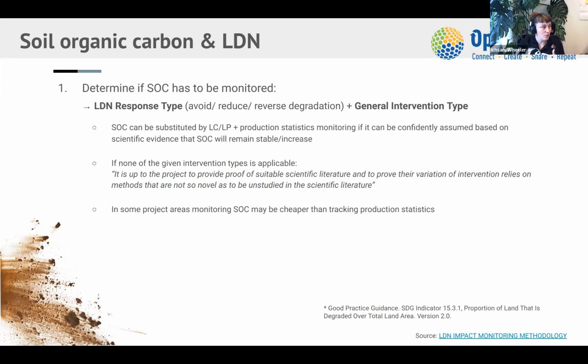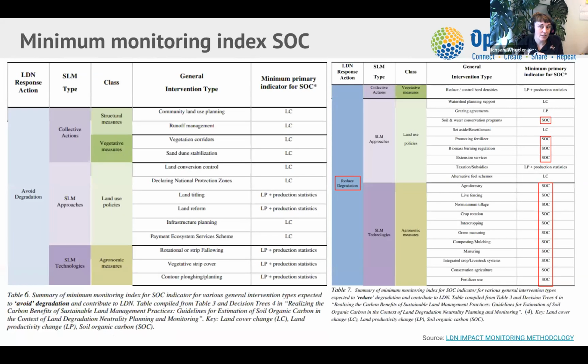Okay, so if you don't have a project that is using techniques that are scientifically known and substantiated, then it's a project responsibility to essentially prove from the scientific literature the status of their action. So this is a condensed version of very big flowcharts.